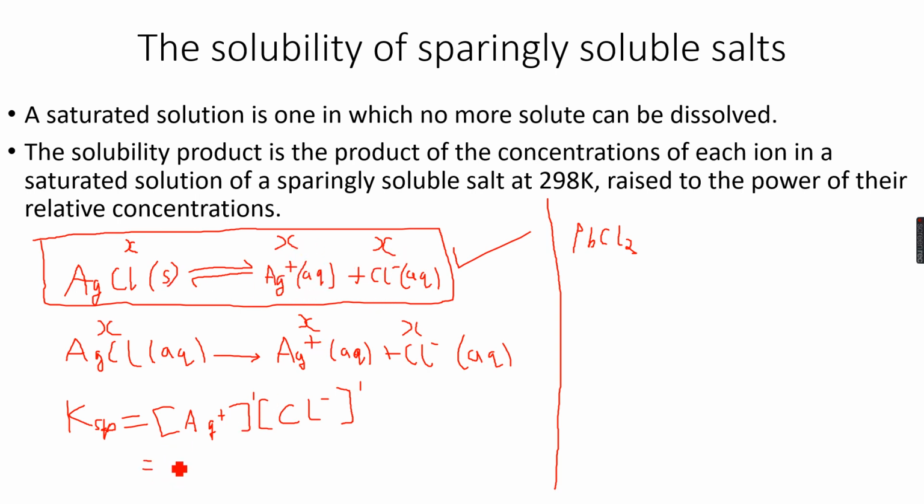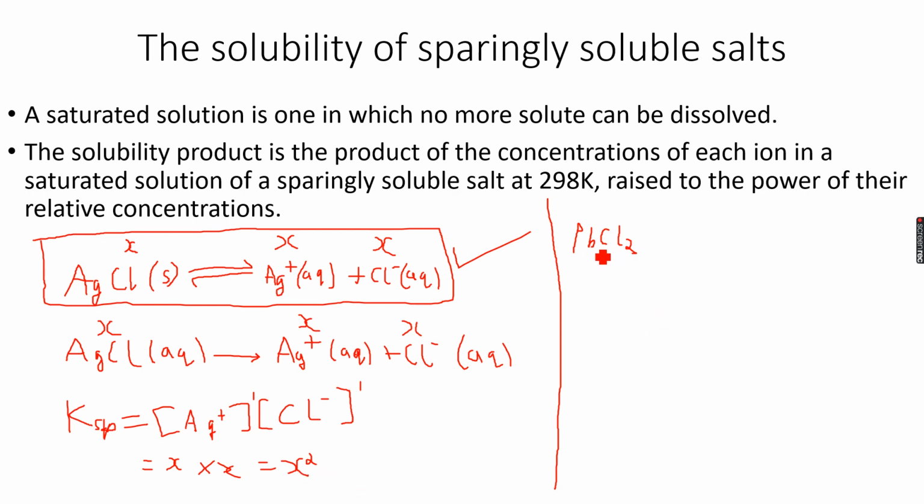So Ksp will be X times X, which is X squared. So this will be nothing but the concentration of Ag plus aqueous or the concentration of Cl negative aqueous in a saturated solution of AgCl, and it will be squared, because X times X is X squared.